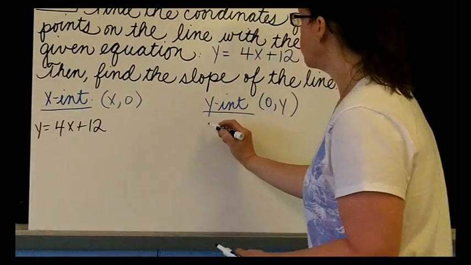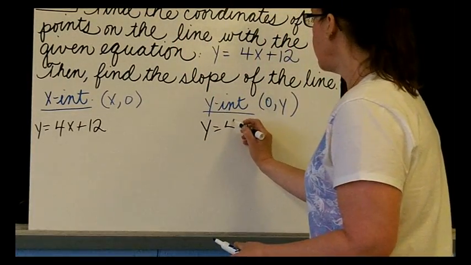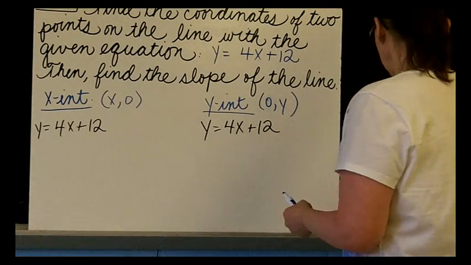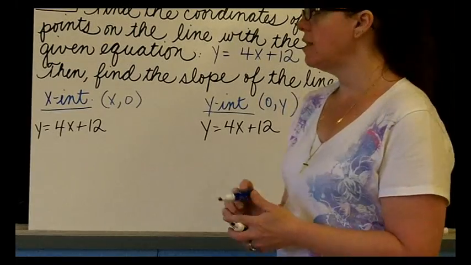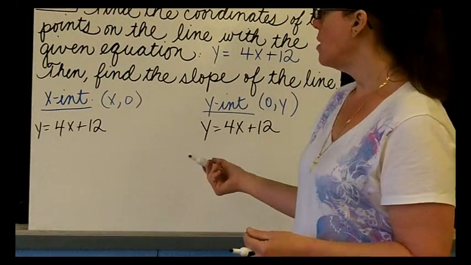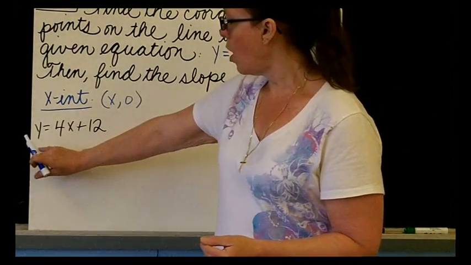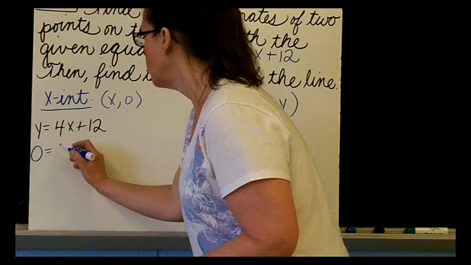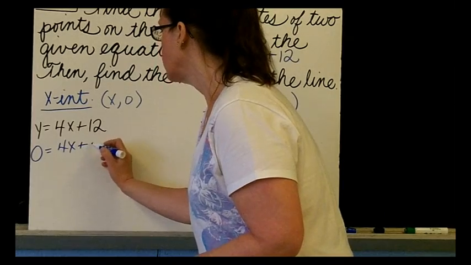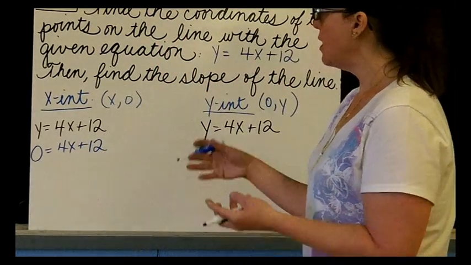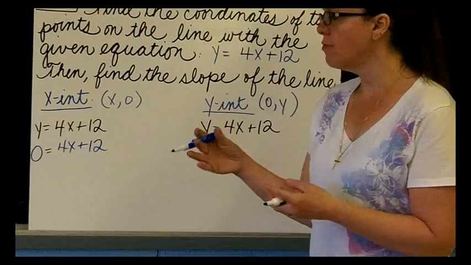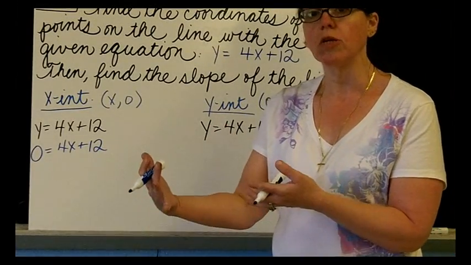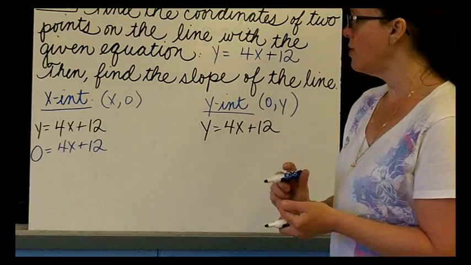And I'm just going to go ahead and do it on both sides. Y equals 4x plus 12. Our third step in finding the x-intercept is to substitute the y with a 0. So we have 0 equals 4x plus 12. Now this equation, because of the way that it's set up, and we don't have the x and the y on the same side of the equal sign, this will have an extra step.